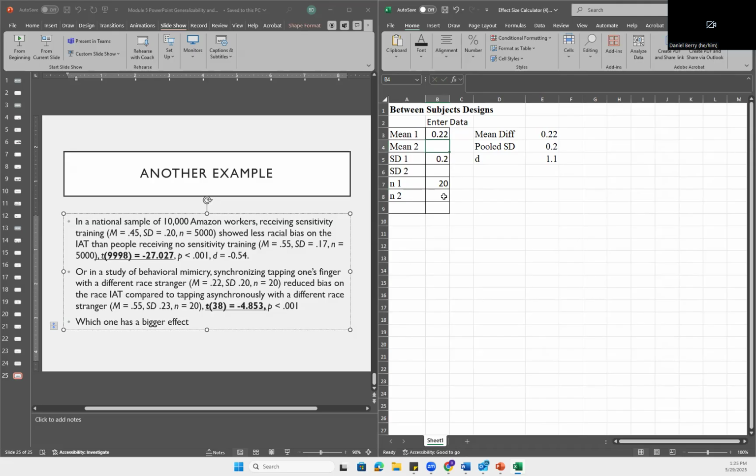In the other group, we've got 0.55, our standard deviation is 0.23, and our sample size is 20. I'm pulling this information from here. Even though this t-value is way smaller than the other one, this effect size is much bigger.